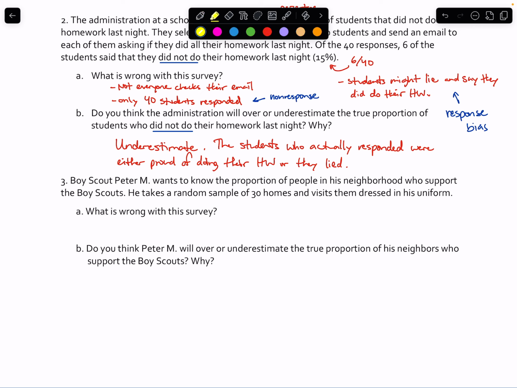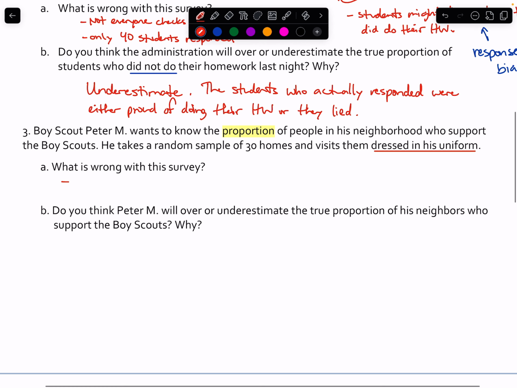So what's wrong with this? Well, if people see this little Boy Scout walking up to their house and the little boy says, hey, do you guys support the Boy Scouts? I'm taking a survey. The people are probably going to try to be nice to him, right? They're going to see his uniform and they feel obligated to support because of that, right?